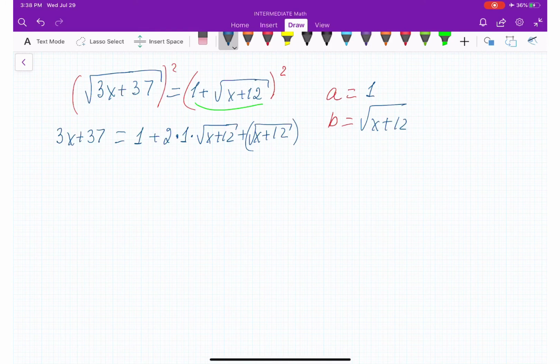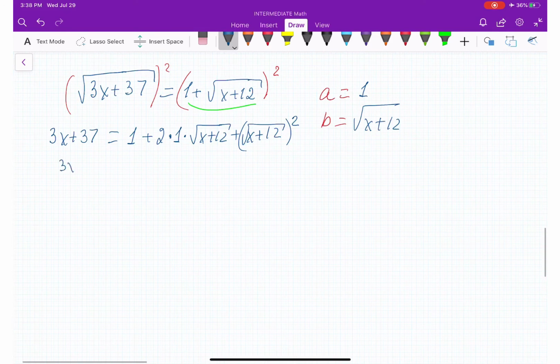It's going to be squared, because b squared. Alright, so 3x plus 37 is equal to 1 plus 2 square root of x plus 12, and then plus this one, clean x plus 12 comes out, right?